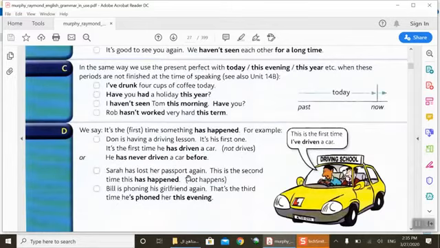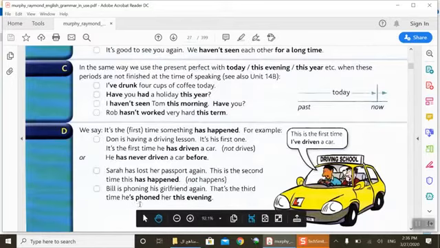Sarah has lost her passport again. This is the second time this has happened. See, Bill is phoning his girlfriend again. That's the third time he's phoned her this evening.